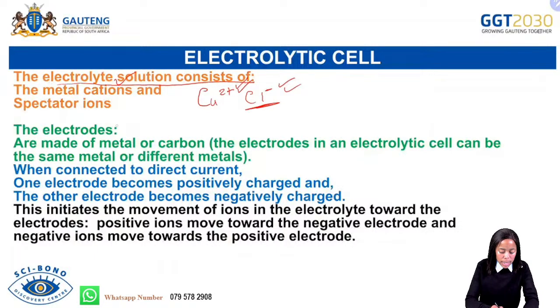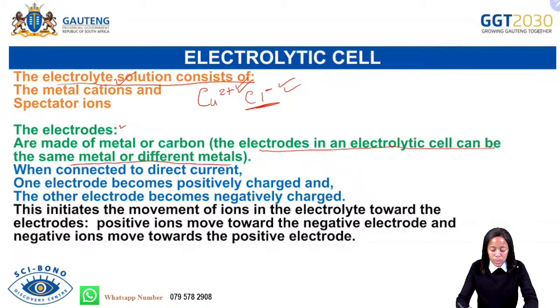Okay, then it says the electrodes are made of a metal or a carbon. Okay, and the electrodes in the electrolytic cell can be the same metal, or we can have different metals.